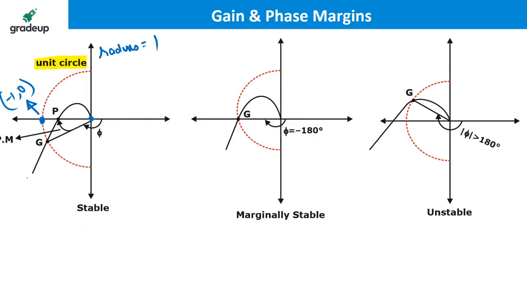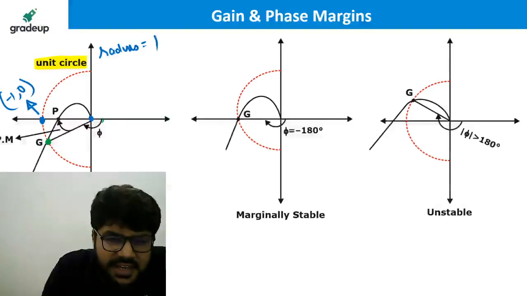And now consider another important point where the Nyquist plot crosses the unit circle. This red line is the unit circle. Where the Nyquist plot crosses the unit circle, now calculate the phase. See, this is the phase. Calculate the phase in the clockwise direction.